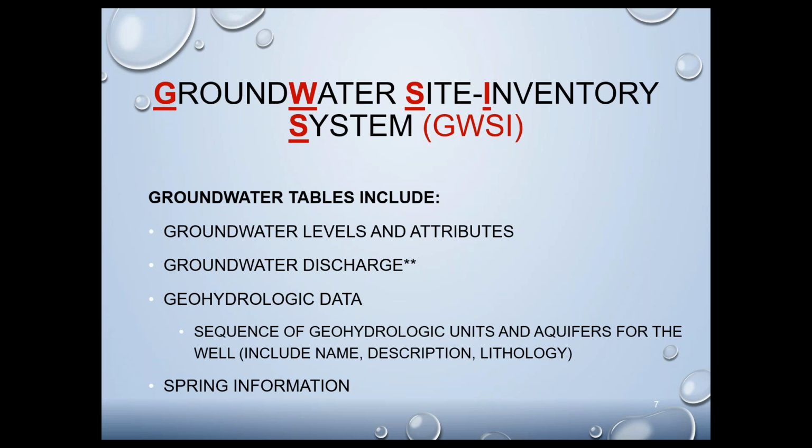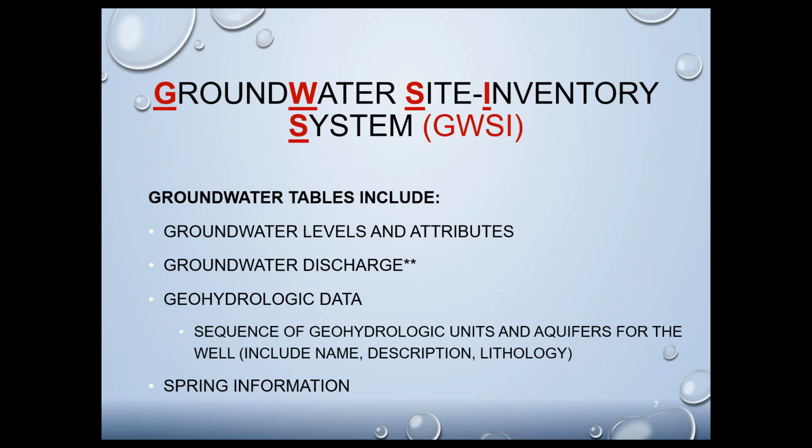It includes the aquifer names or the lithology. We record this information from the drilling log or maybe geophysical surveys that provide that information to us. And also stored in this table is spring information.